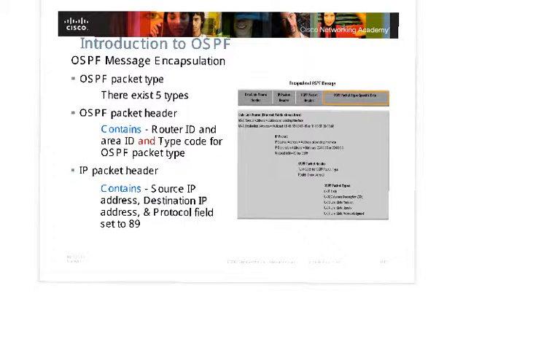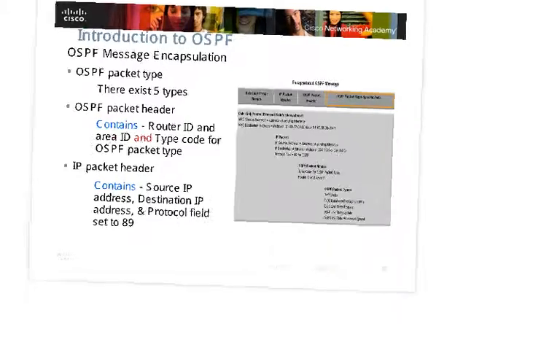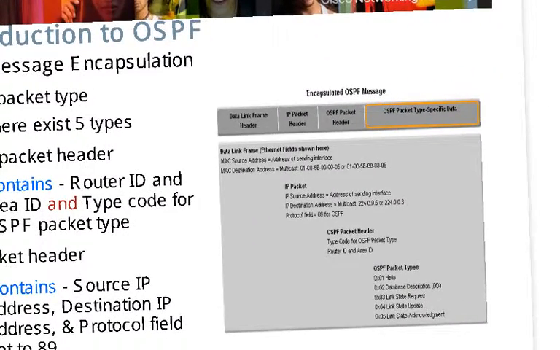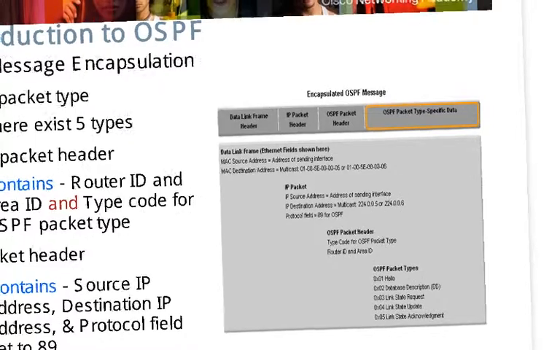So in terms of message encapsulation, you have normally the data link frame header. The data link frame header will contain the MAC address, and the MAC address is usually a multicast address, and we'll talk about why we use multicast addresses in general.